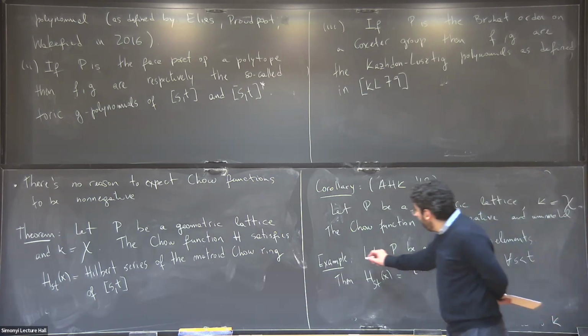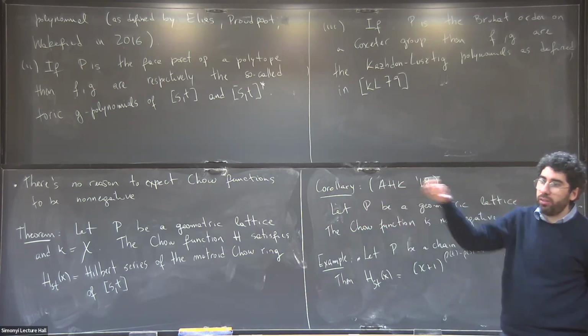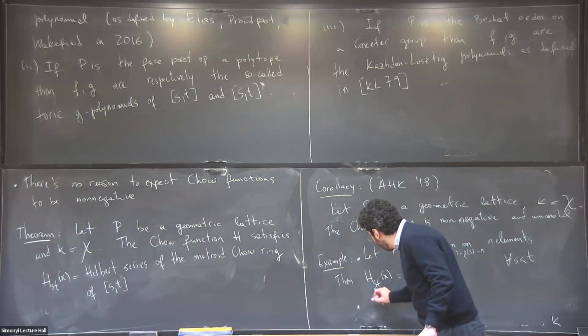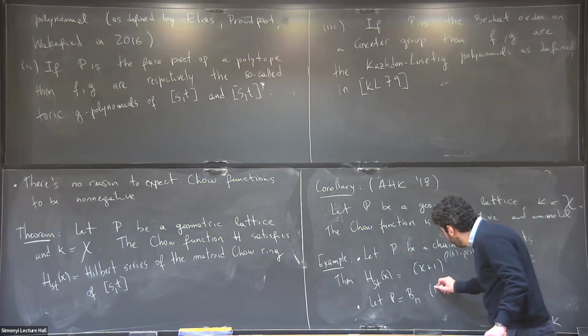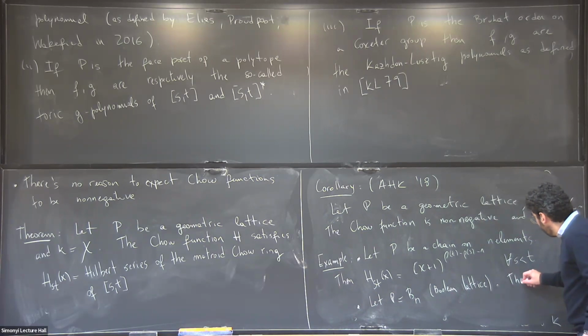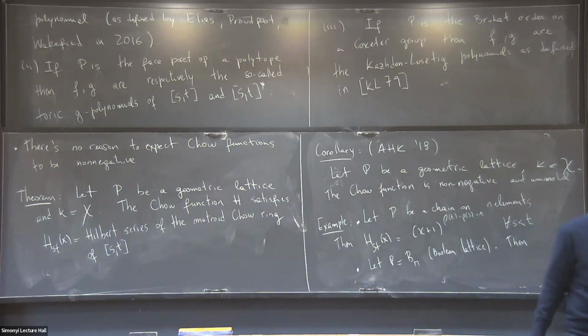Of course, if you take a Boolean algebra or Boolean lattice, that's a geometric lattice, so that will be the Hilbert series of the Chow ring associated to the corresponding matroid. So the first example is not geometric. The second: let P equal the Boolean algebra, or Boolean lattice. Results on the Chow rings of uniform, or Boolean, matroids will tell you that you would expect this to be the h-vector of the permutohedron, which is the Eulerian polynomial.